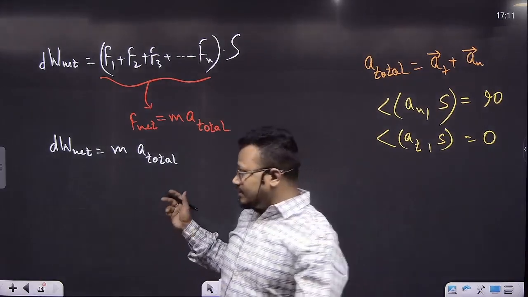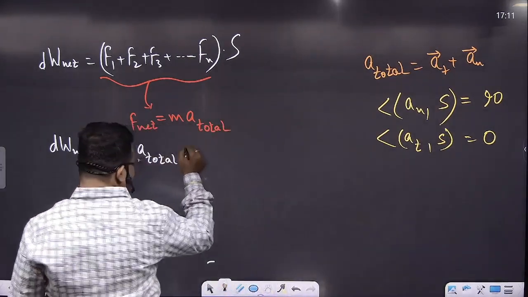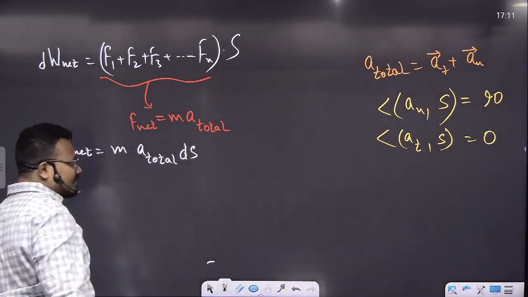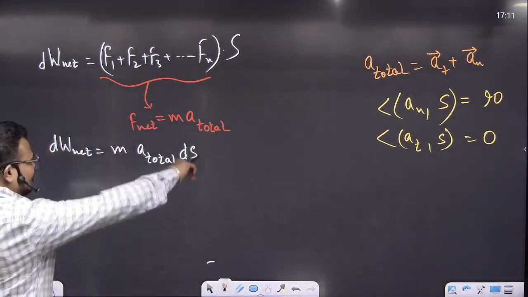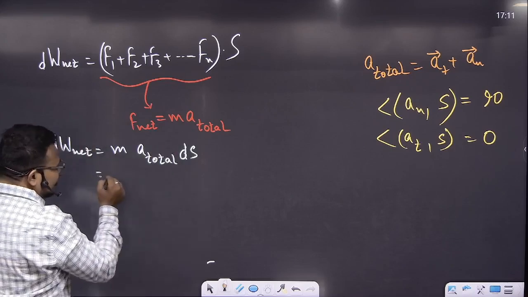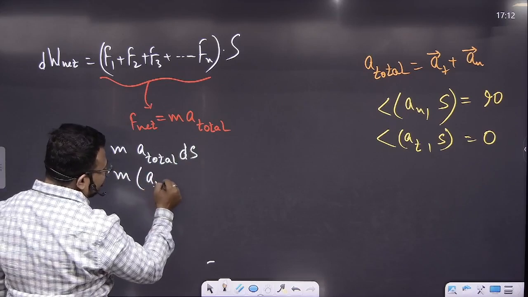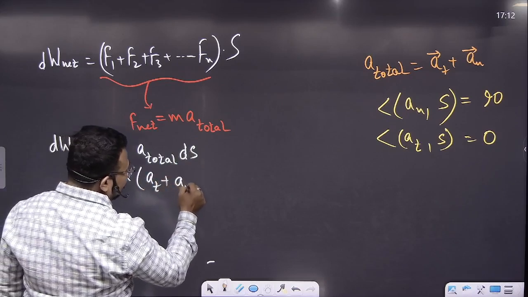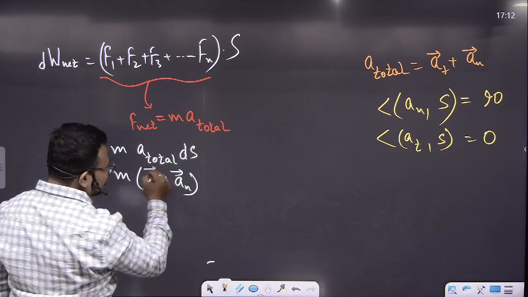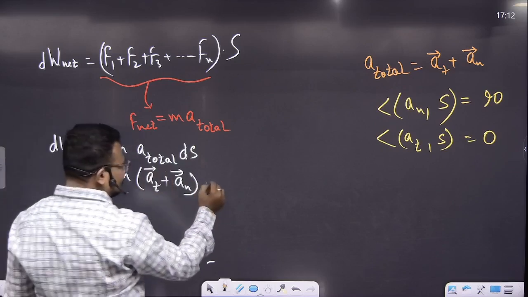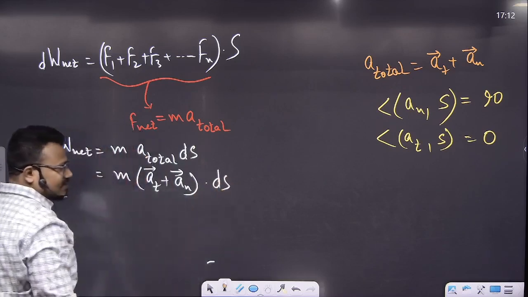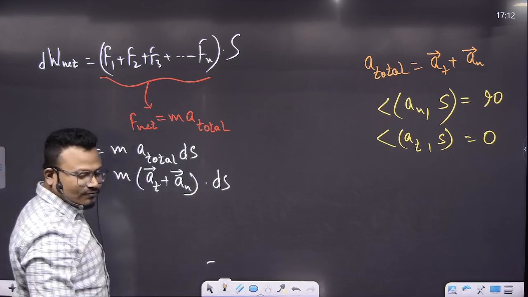Now if I write here, M into A total is M into AT plus AN, dot ds. We can write like this.